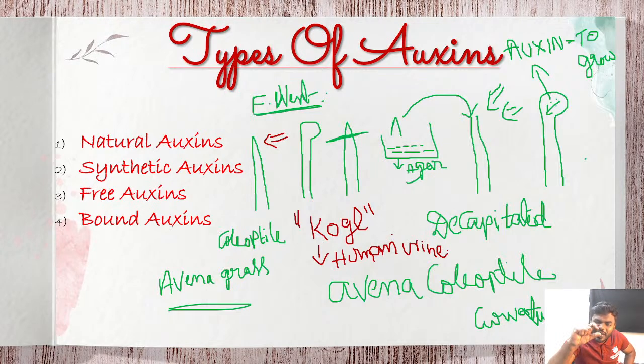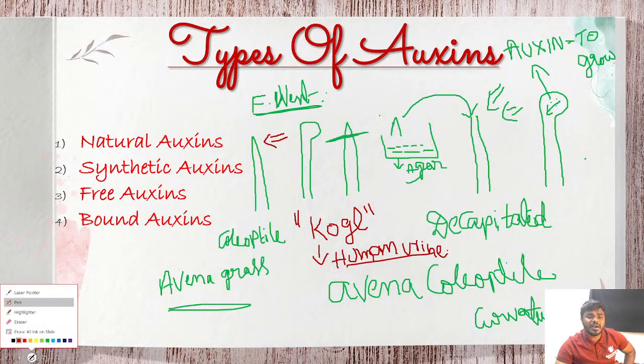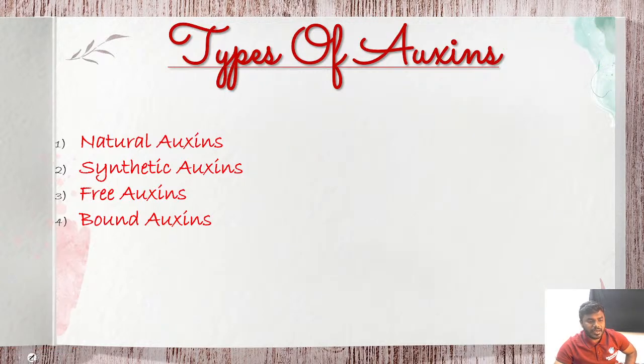Actually, at a very, very low concentration only, auxin was identified in human urine. But till today, we don't know exactly what the role of auxin in human urine is. Remember, friends, don't forget that. This is the simplified experiment performed by Cis Vent to prove the existence of auxin.